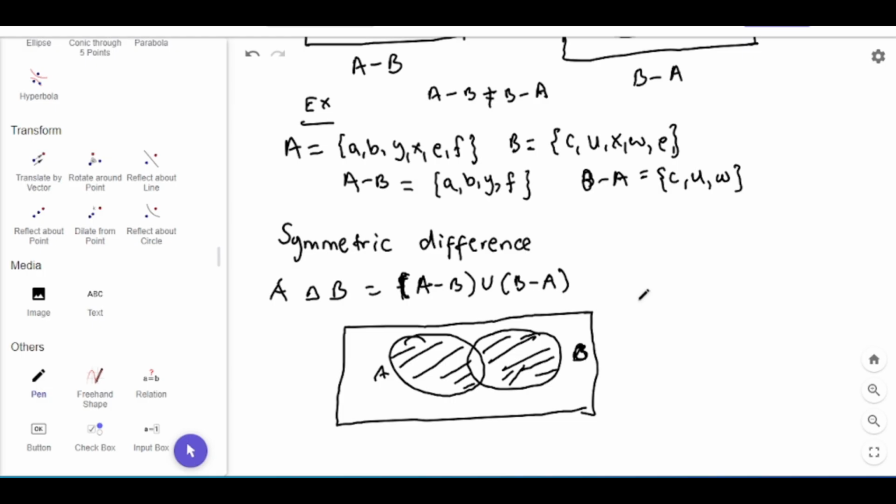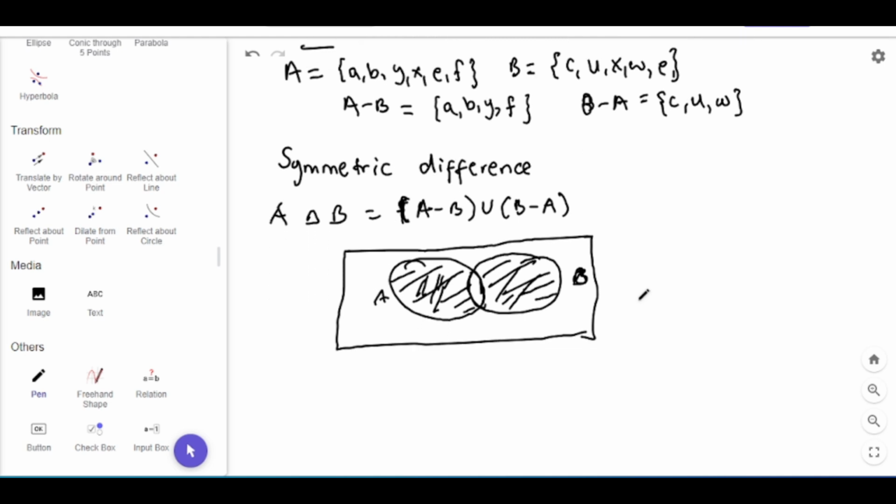So that means this intersection has no elements. Now that's how we draw the Venn diagram of the symmetric difference.